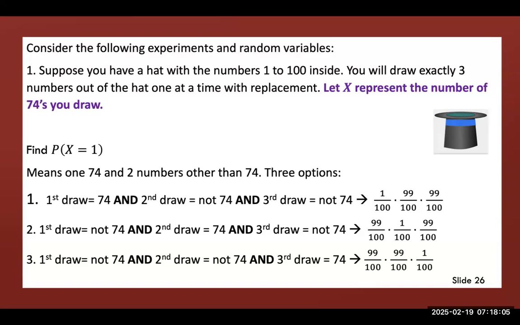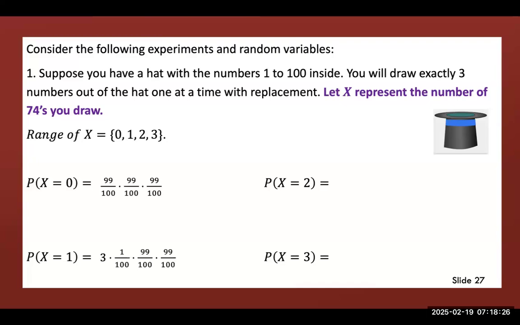That's going to be the same thing as the second one and the same thing as the third one. So really, the probabilities are all the same for each one of these scenarios. We just have to figure out how many different ways we can move that 74 around. There's three ways here. Or it's like thinking of three spots and we're choosing one of them for a check.